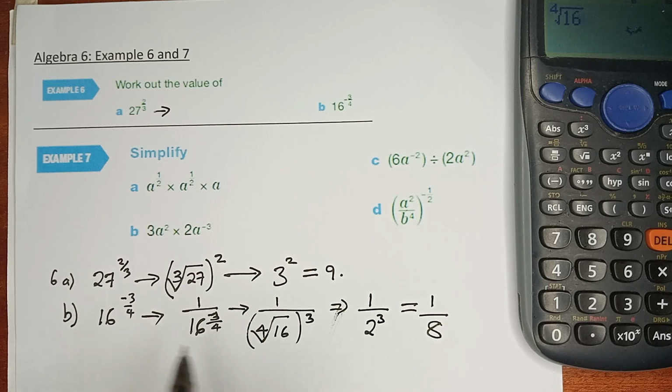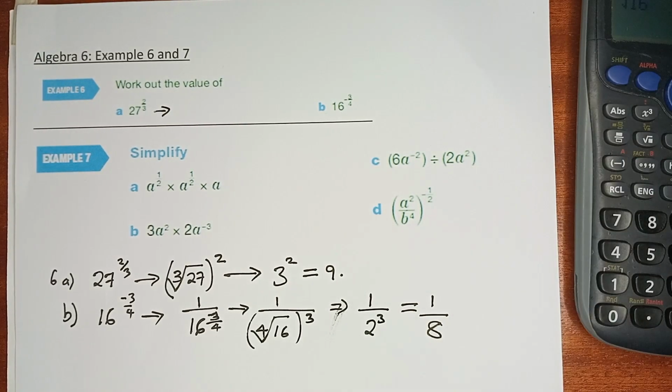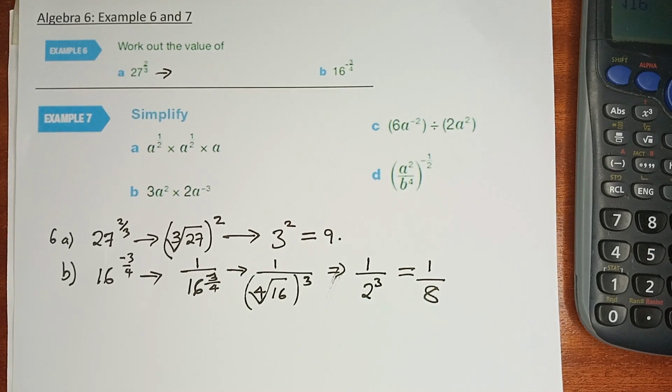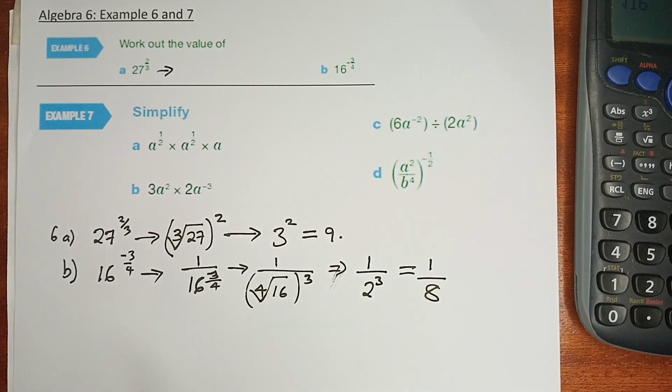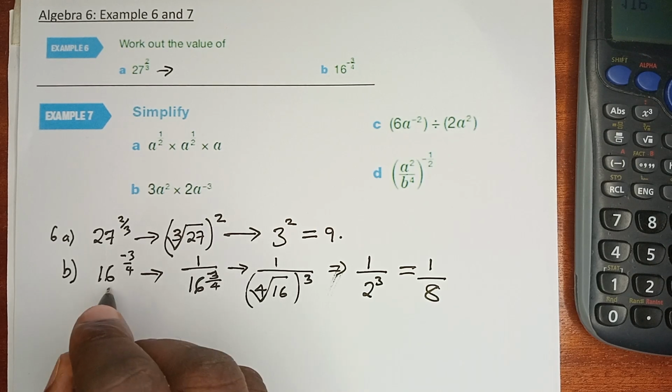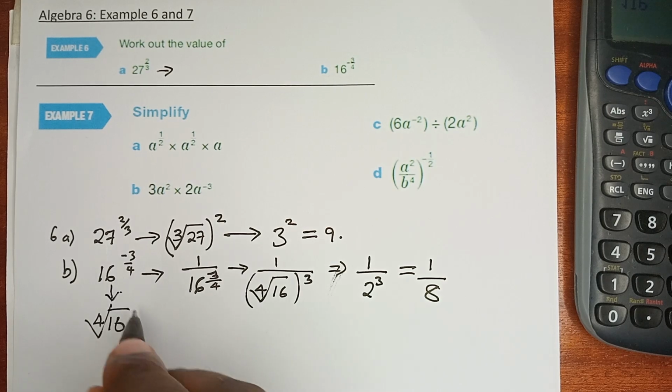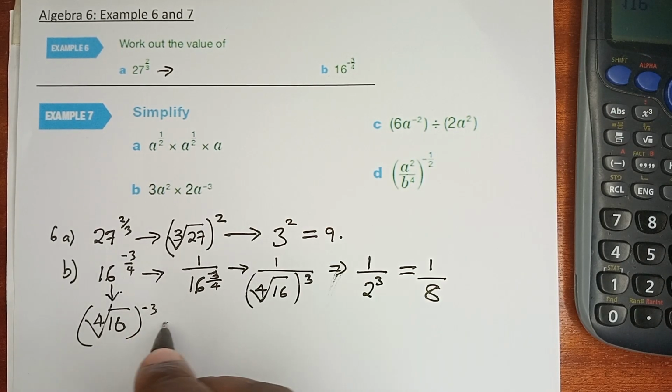We can still work with it the way it is. Let's have something different here. Instead of getting the reciprocal first, we can have the fourth root of 16, or this is an alternative method, after which we raise it to power minus 3.